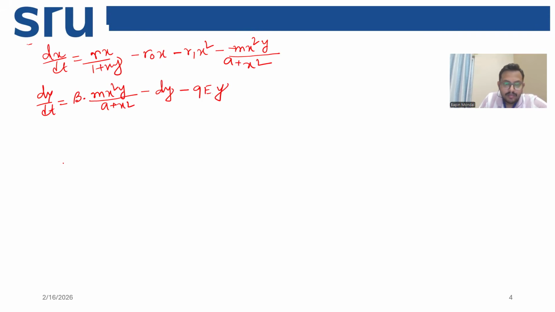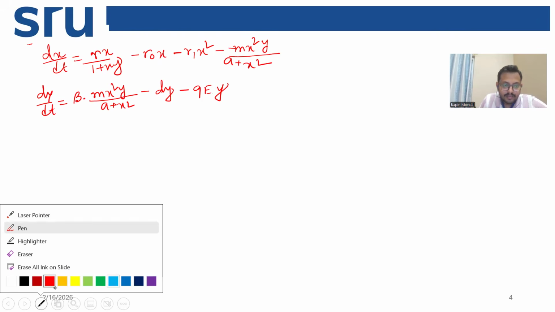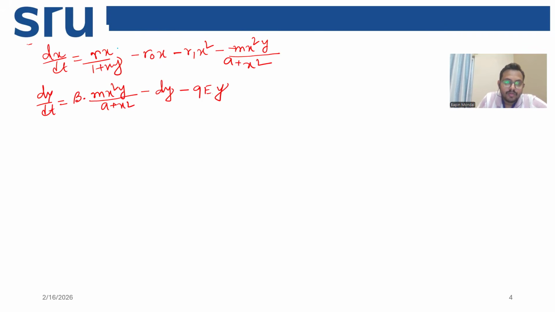Before going to prove the transcritical, we just explain this model a little bit. In the absence of predator, r represents the prey's growth rate. This parameter k is known as the pair parameter. r0 is the death rate, and r1 is also a death rate due to interspecies competition.